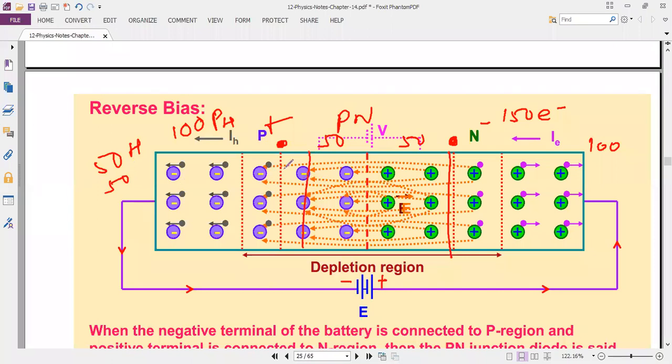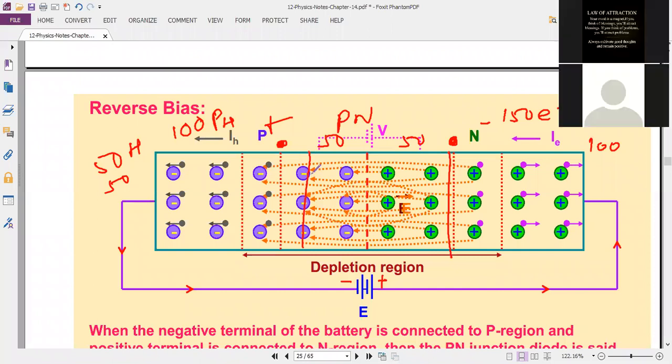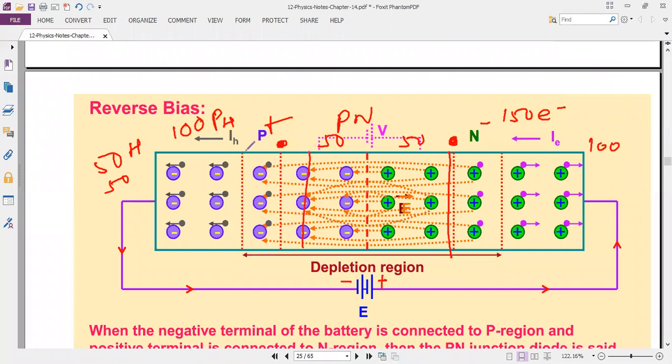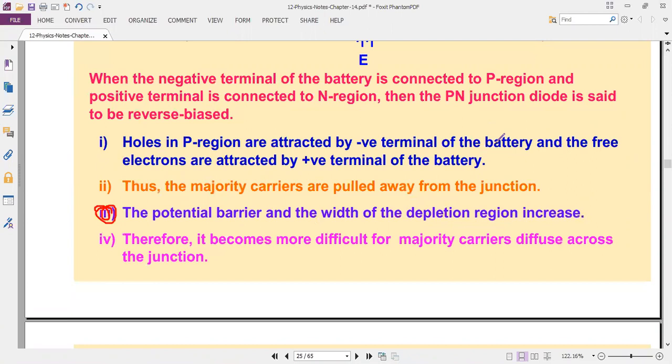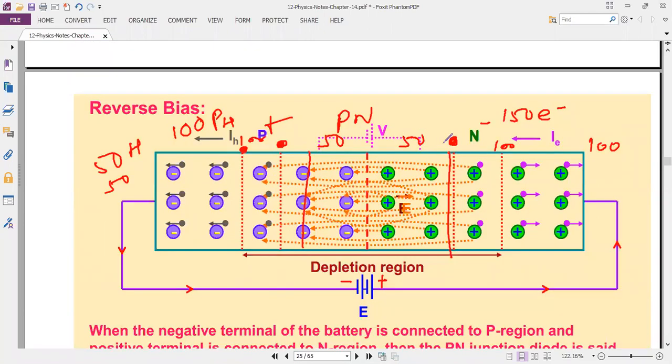Balancing means the potential barrier and the depletion layer range is increasing. So this is for 100 points. The remainder is 50 electrons.